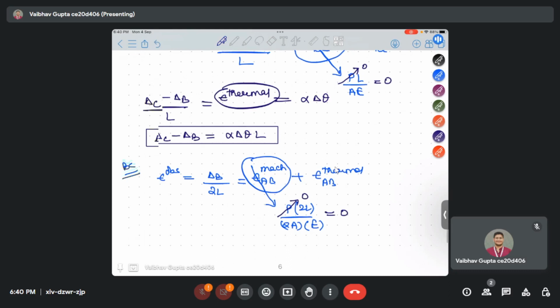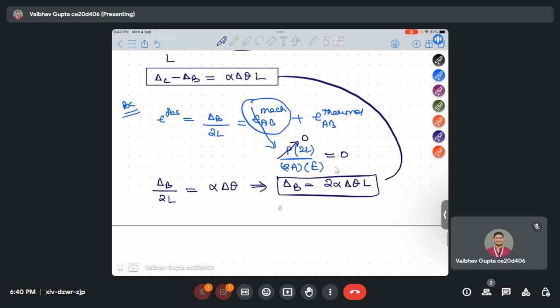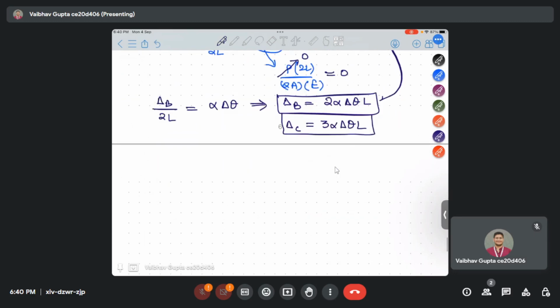So again, our epsilon observed will be equal to epsilon thermal, which is delta B by 2L, nothing but alpha delta theta. Hence, delta B will be equal to 2 alpha delta theta into L. And putting this in the equation, our delta C will become 3 alpha delta theta into L. Okay. I hope you got it. Next I move to case 5.